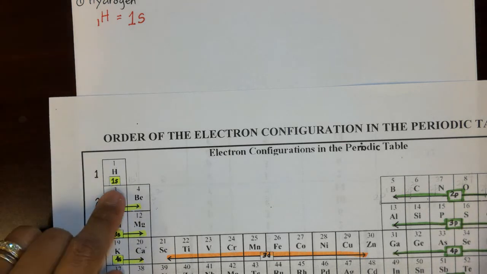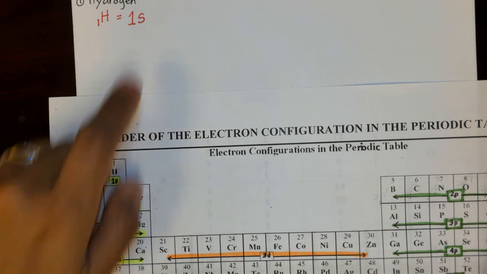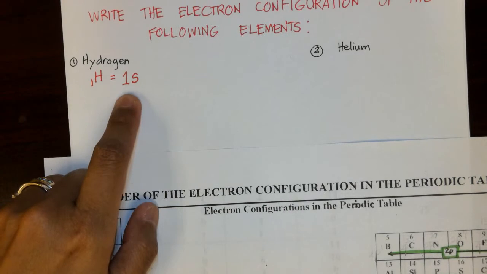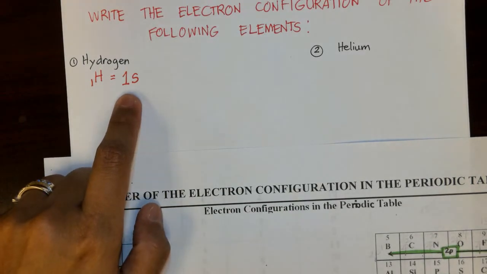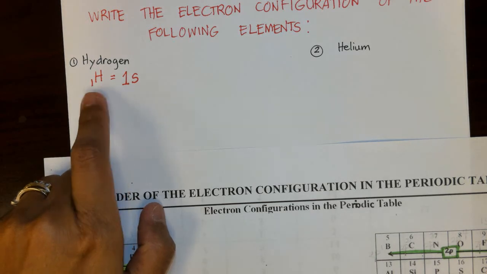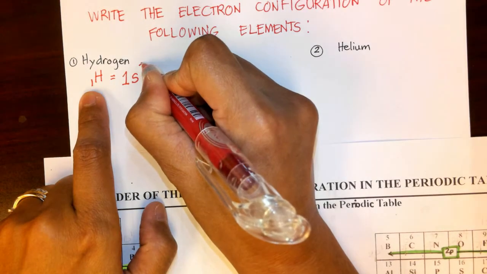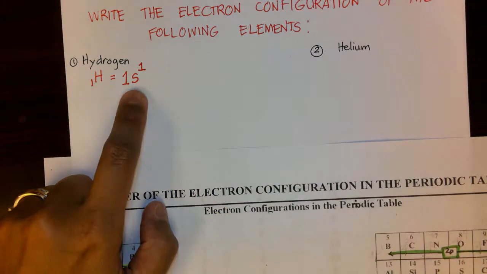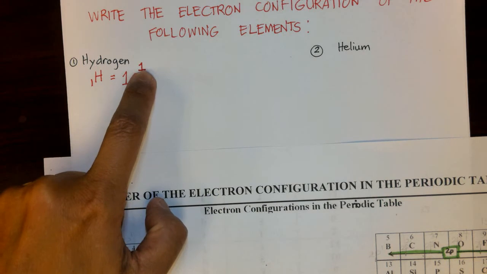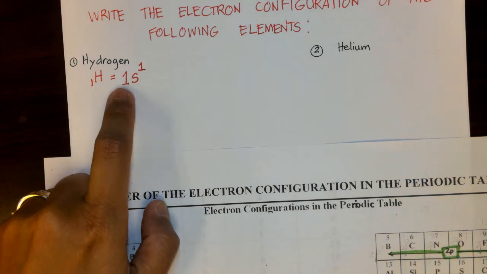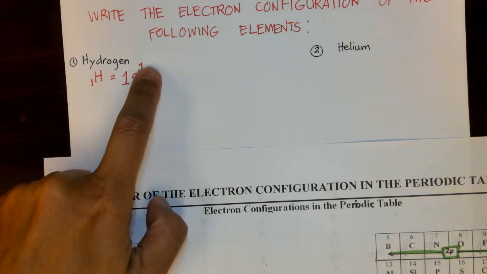After writing down the label of that element here, what we need to do now is write an exponent. The exponent will represent the number of electrons. And because hydrogen has only 1 electron, therefore we put an exponent of 1 here on top of s. So we're going to read it as 1s1.